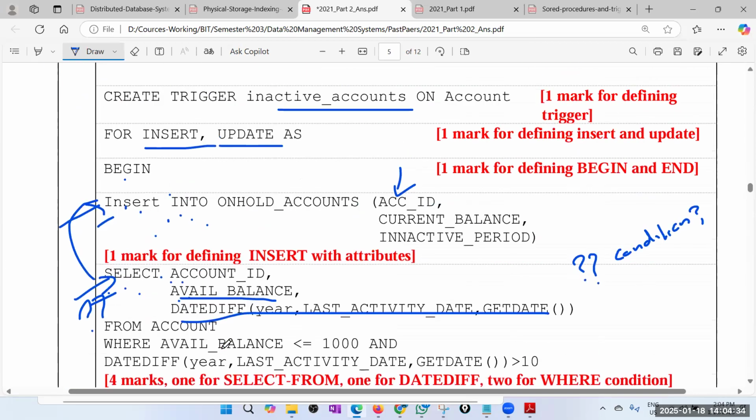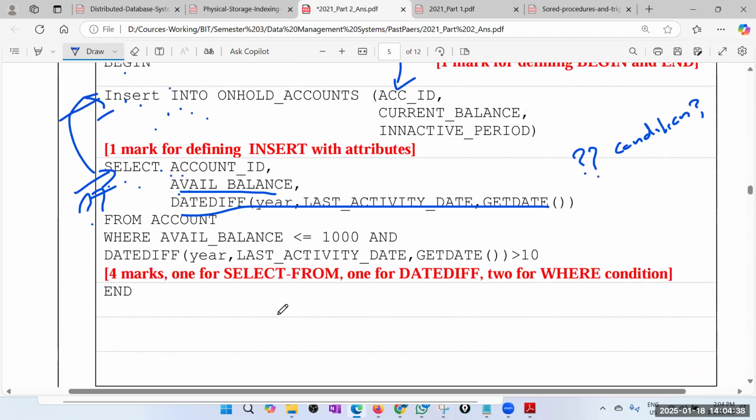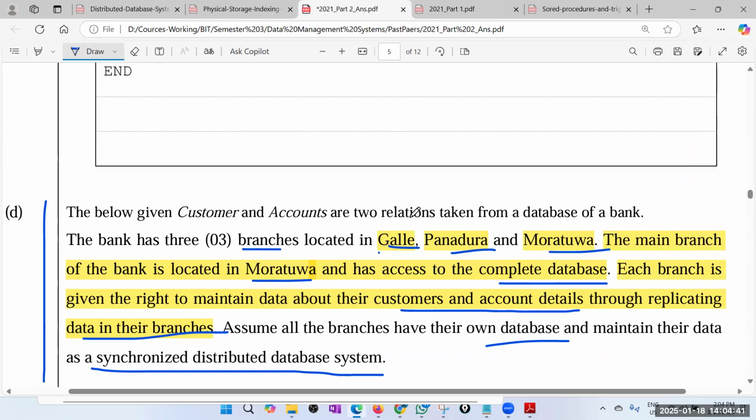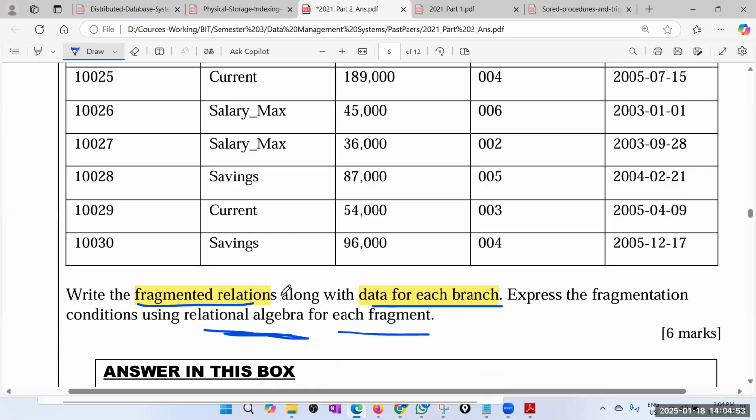Fragment must be for these things. Yeah, fragment is for this Galle fragment, Panadura fragment, Moratuwa fragment. Right? Because this is under D. So that means you need to have two sigma conditions.